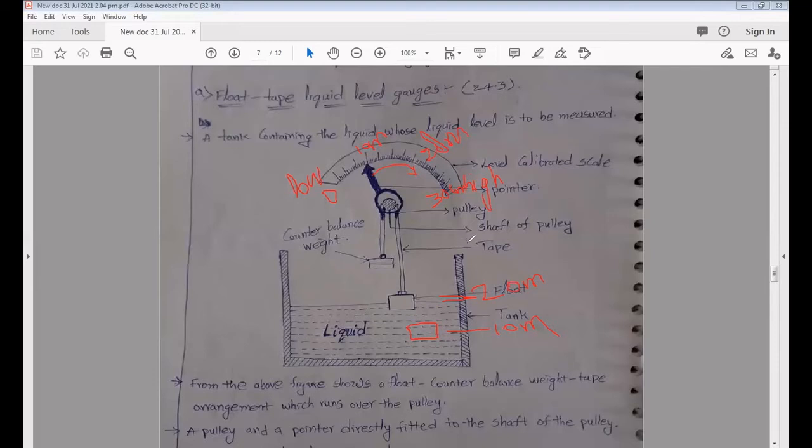There is a reference value for each and every water head level.